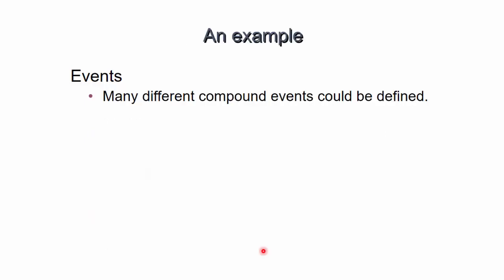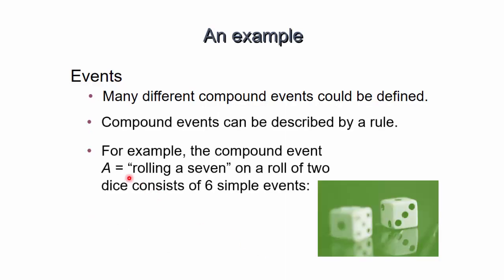Here is an example for you to understand compound events. When I roll 2 dice, what is the chance or the compound event of having a 7? Now the rule here is that the total of the 2 elementary events should result in 7. So how many ways is this possible? Die 1 has face value 1 and die 2 has 6 on the face.